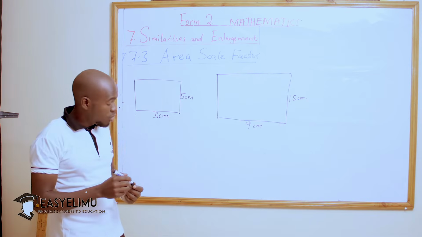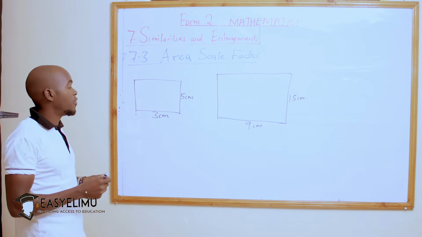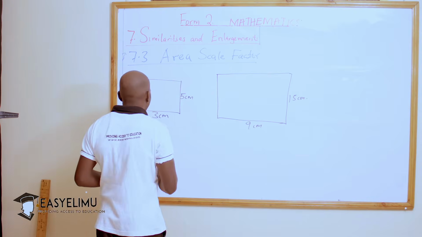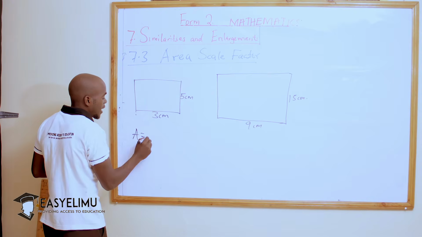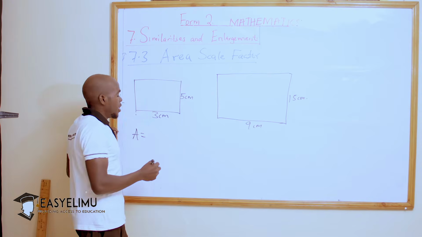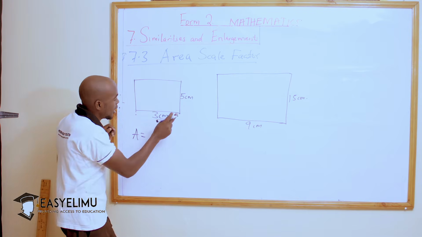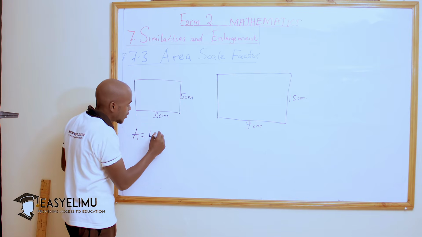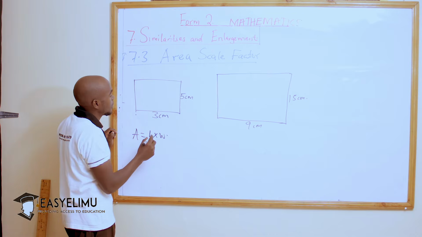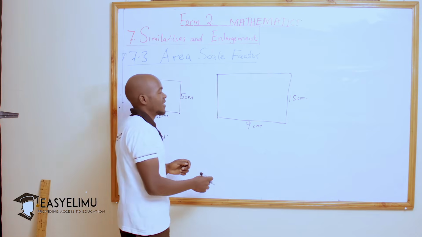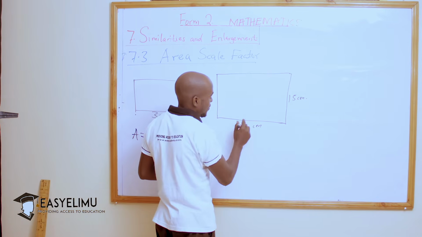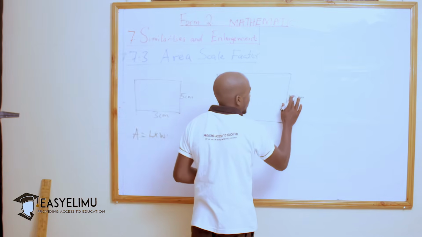You'll be required to find the area of each of them. From the area of solids, the area of a given rectangle is length times width. Here, let's take this side 15, this one is 9.